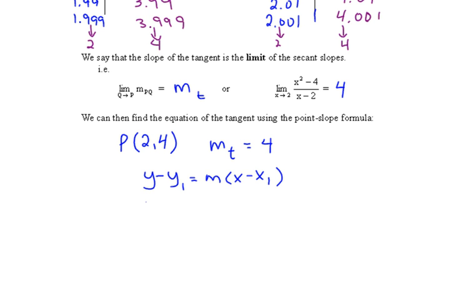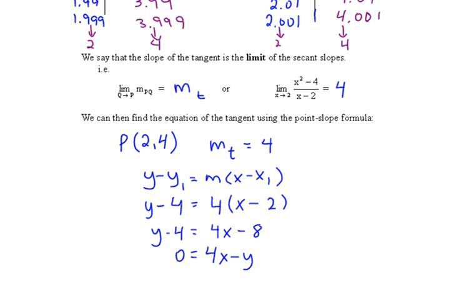Plug it in. y minus 4 equals 4 times x minus 2. So y minus 4 equals 4x minus 8. Bring everything to one side. Minus 4. Okay.